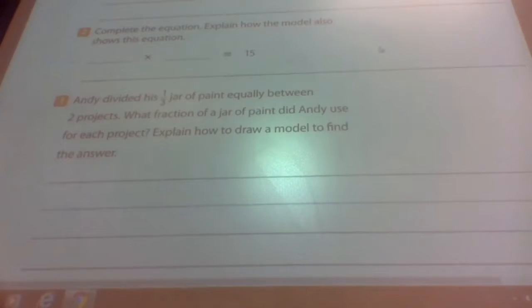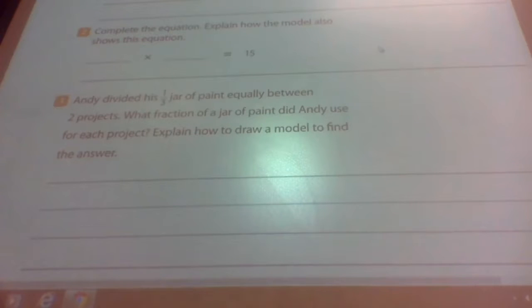That's your answer to number 1. 5 whole blocks divided into 3 parts, and that's 15.